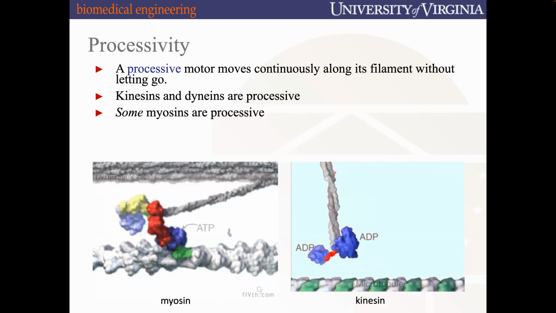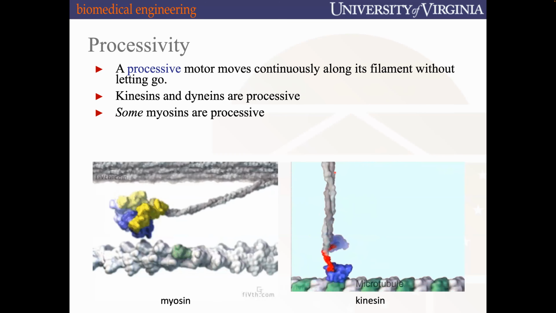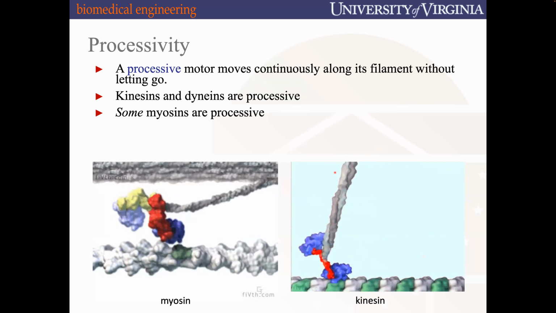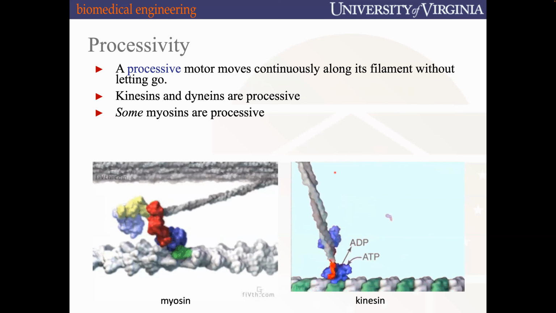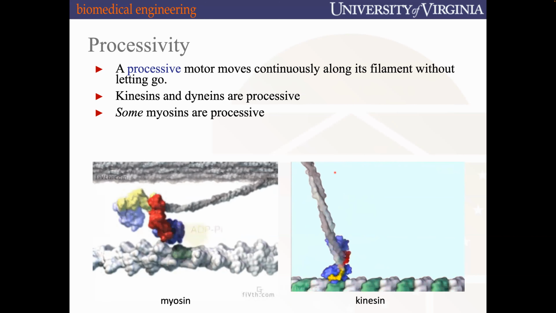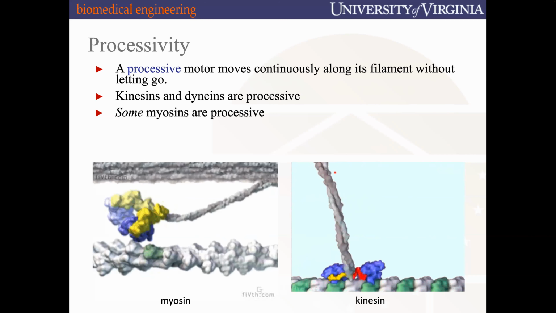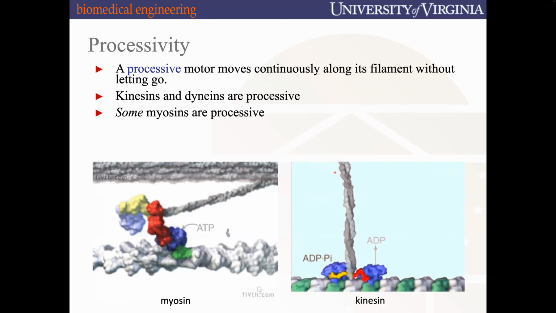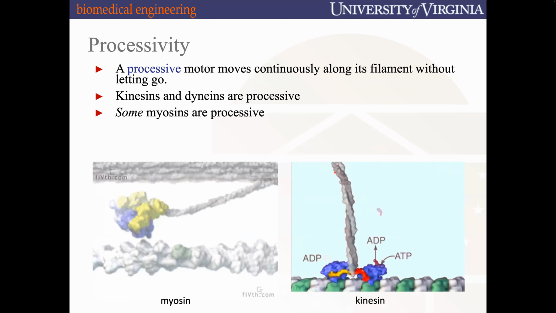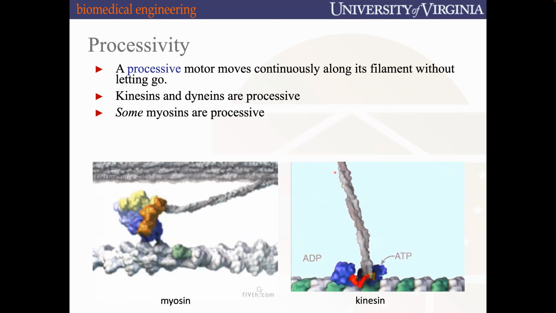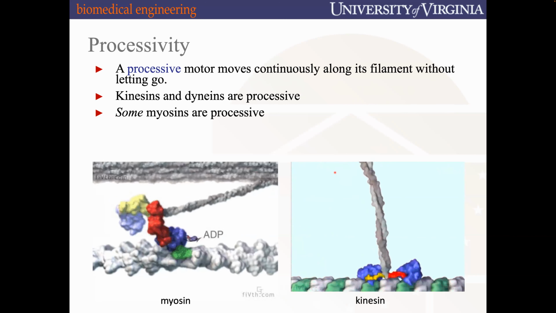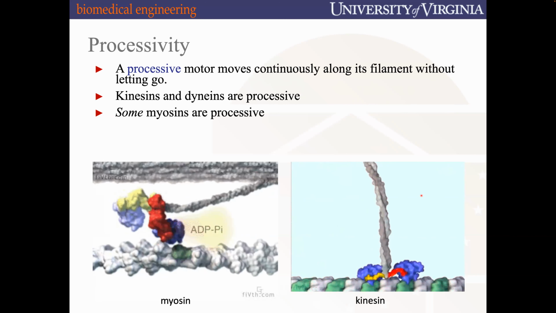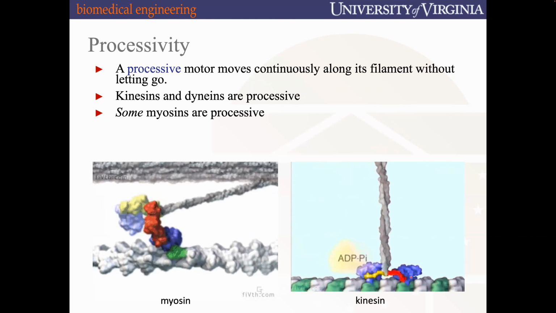Another way we can think about these molecular motors in terms of their mechanism, or how we would define them, is with this concept of processivity. Processive motors are ones that move continuously without releasing from the cytoskeleton or the filament that they're attached to. You can see with these two examples that kinesin is always attached.